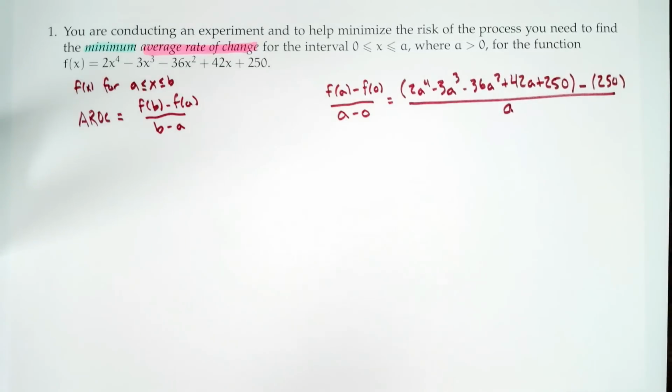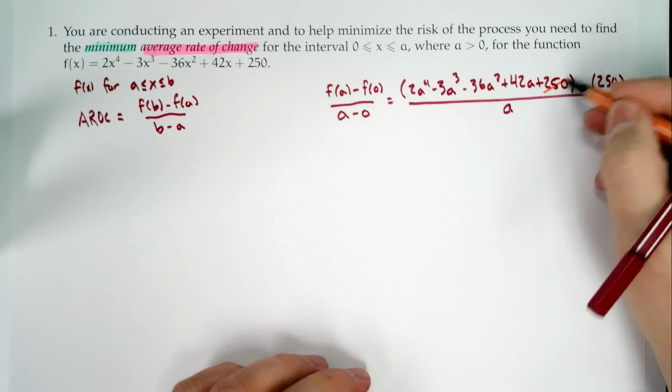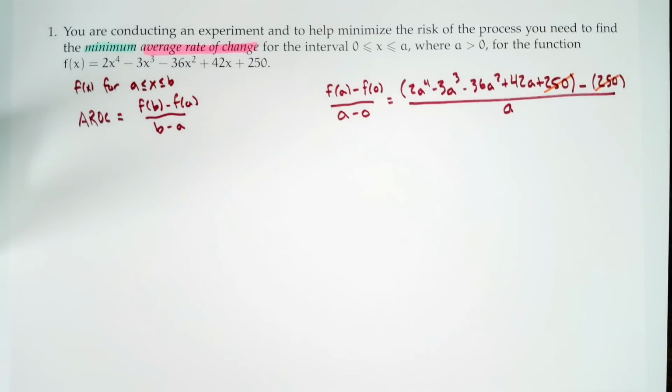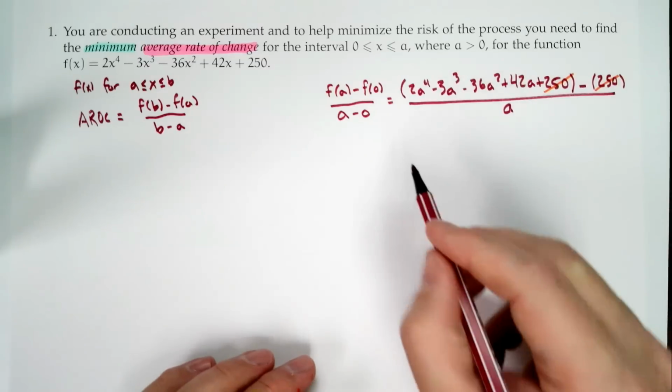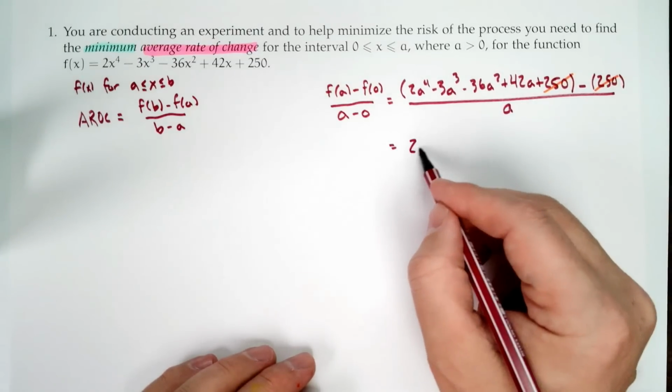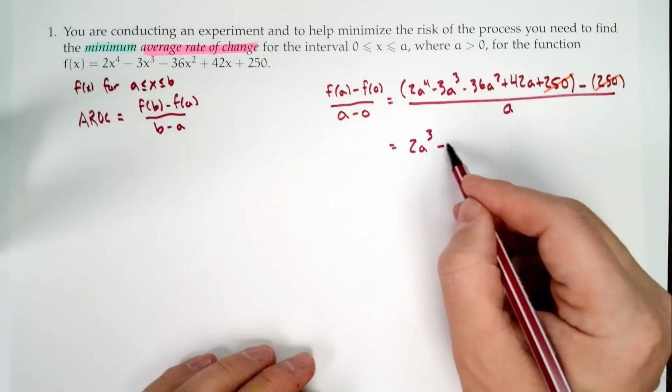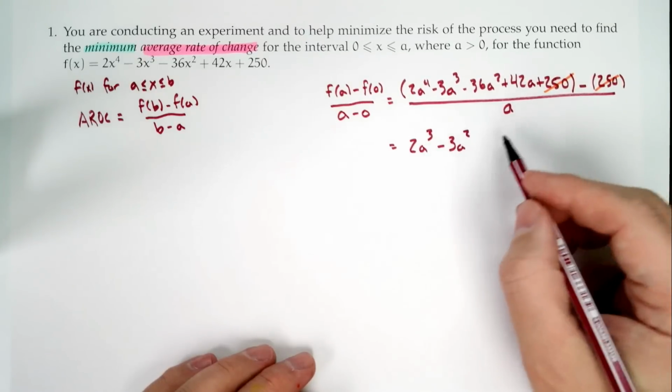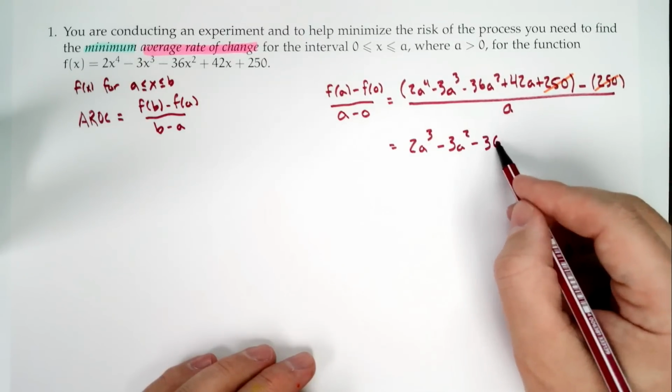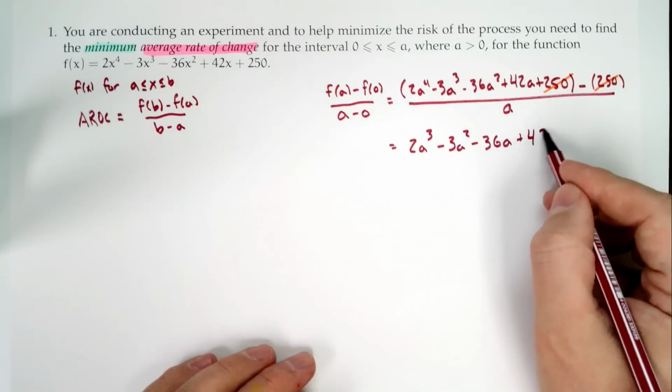All right, so that's our average rate of change. Now we can clean this up. The 250s cancel, so that's good news. And then we can divide through by a. So what do we end up with? We have the function 2a^3 - 3a^2 - 36a + 42.